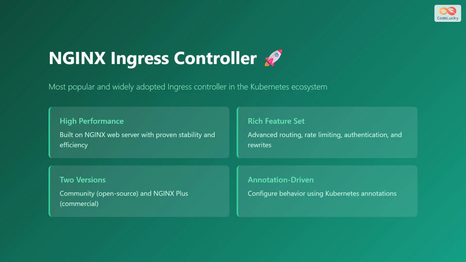NGINX is the most popular and widely adopted Ingress controller in the Kubernetes ecosystem. It's built on the proven NGINX web server, which has been trusted for decades for its stability and efficiency. NGINX offers a rich feature set including advanced routing capabilities, rate limiting, authentication mechanisms, and URL rewrites.